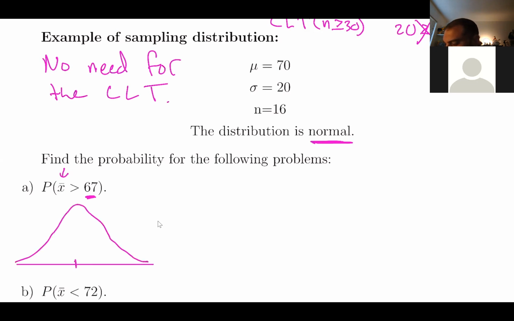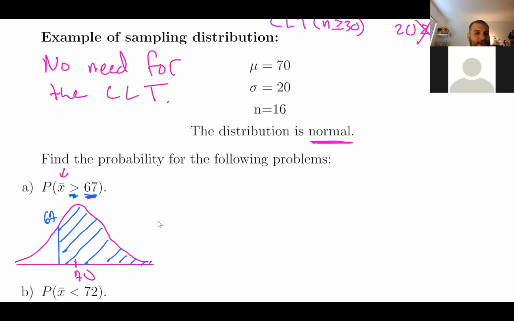The mean is 70. 67 is to the left of 70, so there goes 67. And lastly, greater than means you shade the right side. So I want to go ahead and find this probability.